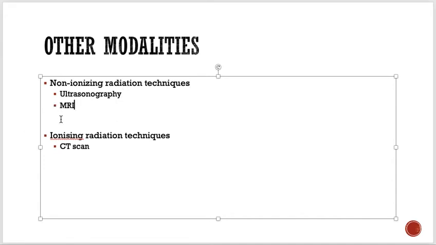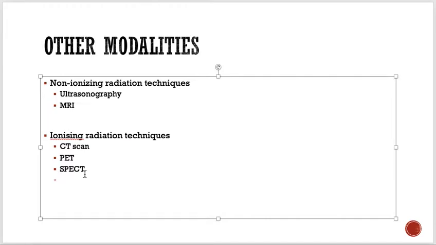MRI, or magnetic resonance imaging, is also a non-ionizing technique. Whereas the ionizing techniques are the CT scan, then PET scanning or positron emission tomography, and then SPECT scanning. They are both more or less the same thing.